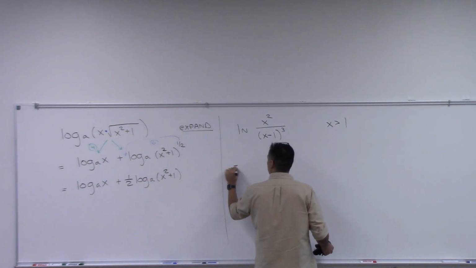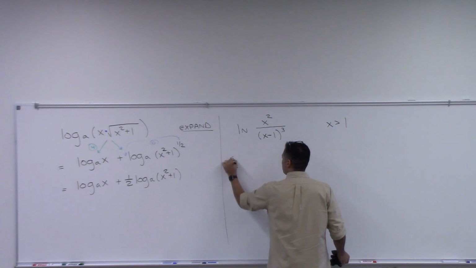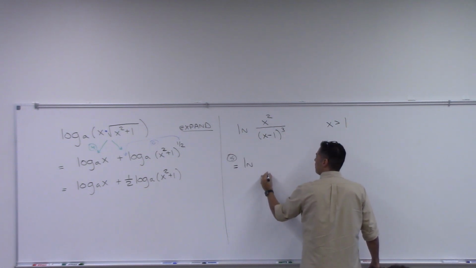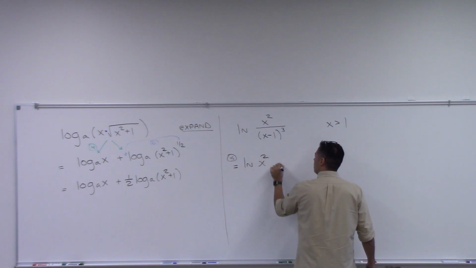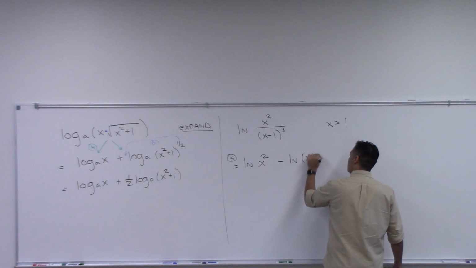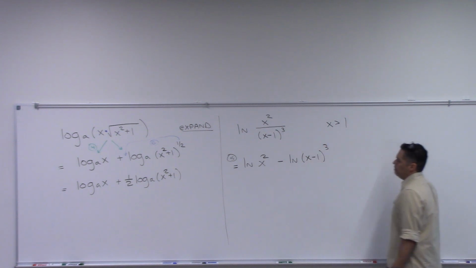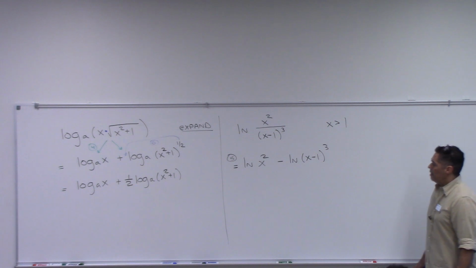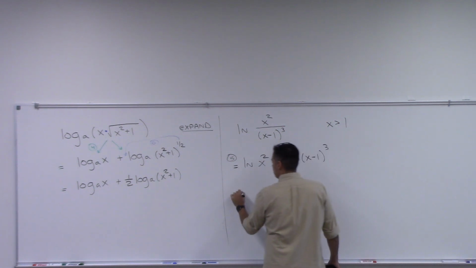So this becomes, through property 5, natural log of what? X squared, minus, then another natural log, and then I'm going to write x minus 1 cubed. That's property 5. And now I'm going to use property 6.